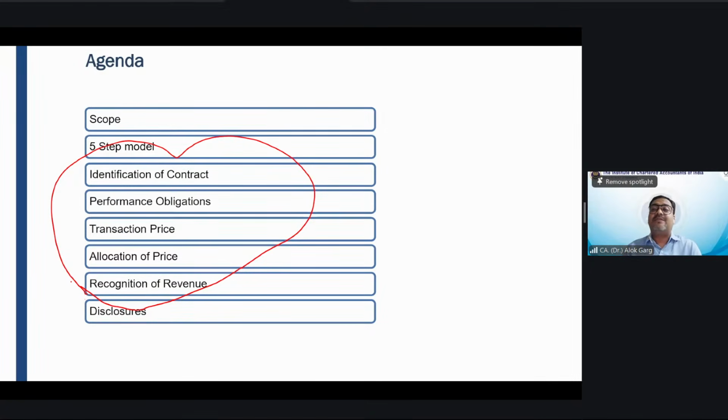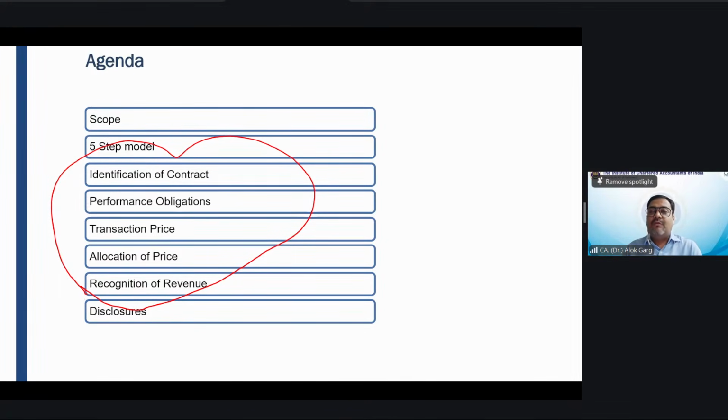Revenue has to be recognized to the extent collection is probable, to the extent the probability of collection is certain. So the collectability criterion has to be established. If the collectability criterion is established, you can say that yes, we can now recognize our revenue.